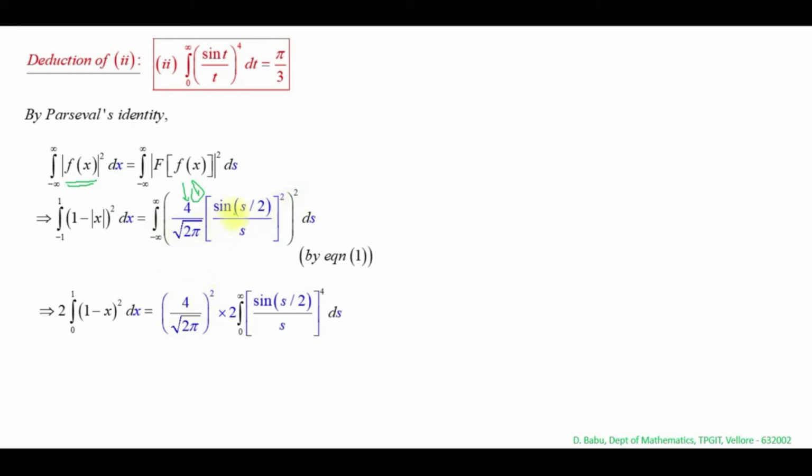So minus to plus infinity can be written as 2 times 0 to infinity sin s by 2 divided by s, 2 into 2 equal to 4, into ds. So this implies 2 into 0 to 1, a minus b whole square formula, a square minus 2ab plus b square into dx. So 4 square is 16. Square root of 2 pi whole square is 2 pi, and 2 get cancelled, which is 16 by 5 times 0 to infinity sin s by 2 divided by s whole power 4 into ds.